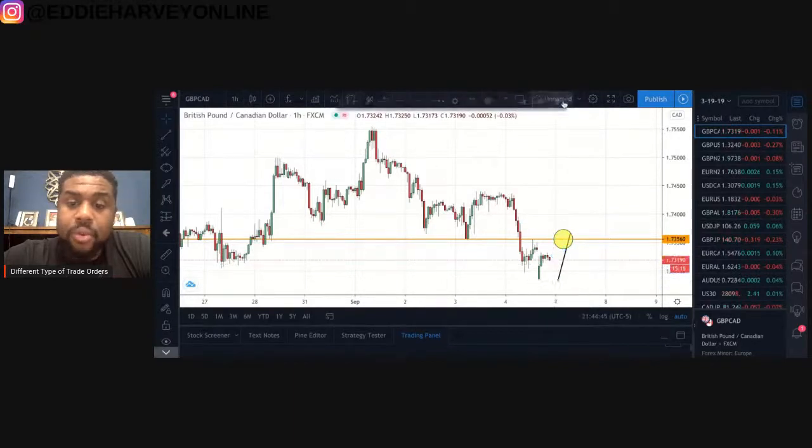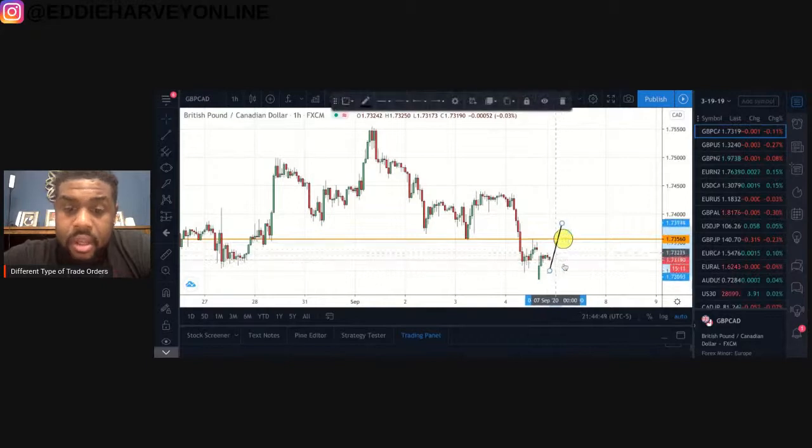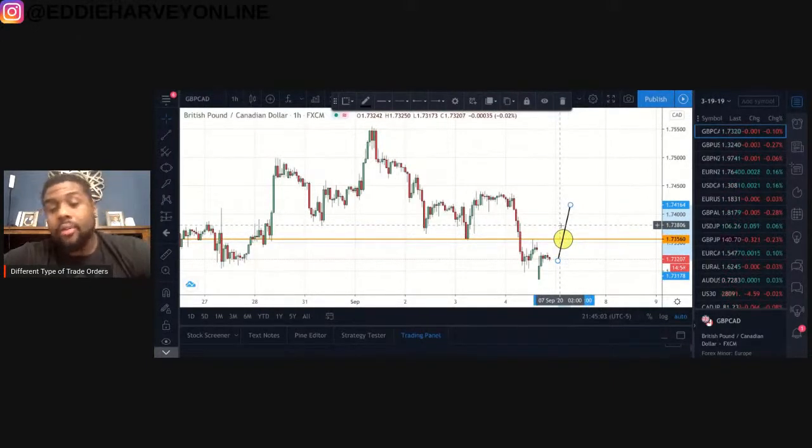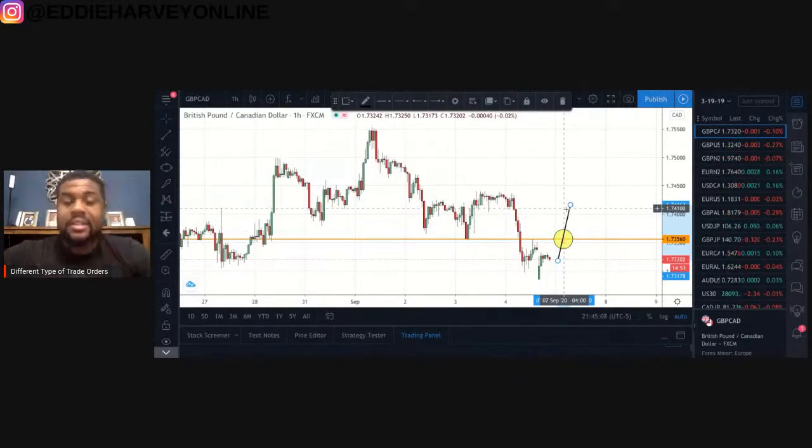All we want price to do, if I felt it was going to shift momentum and go to the upside, is come up and shoot through and break through right here. If price breaks through right here on my buy stop, boom, I'm now in the trade. It's activated, and now all we're looking for is price to continue moving to the upside. That's how a buy stop goes.